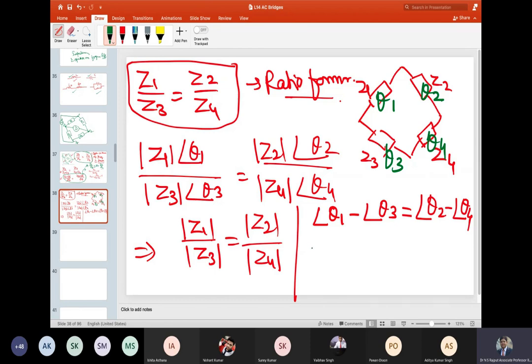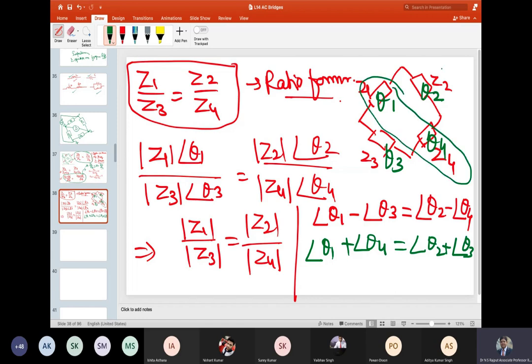Okay. You can also write it like angle theta 1 plus angle theta 4 is equal to angle theta 2 plus angle theta 3. So what you find is the sum of these two angles and the sum of these two angles should be equal, right?